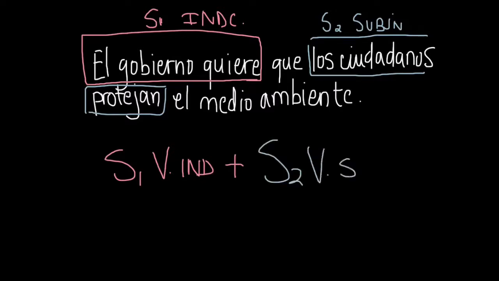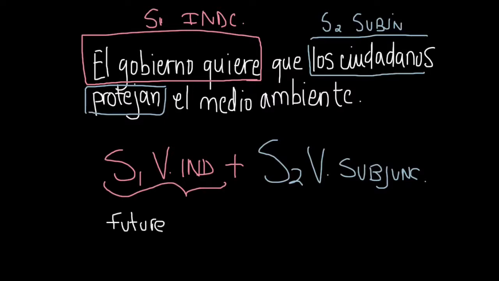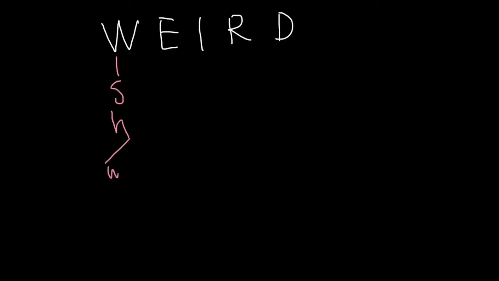So when we have two clauses, the first one, which is the main one, the verb goes in indicative, and the second one, the verb goes in the subjunctive. Notice that we also have two different subjects. In the main clause, the first one, there is a future component, a wish that we want someone to perform. So, in order to know when to use the subjunctive, all you have to do is to remember this weird acronym.